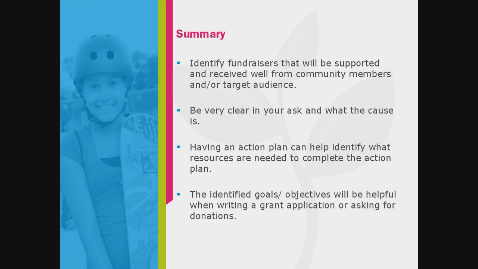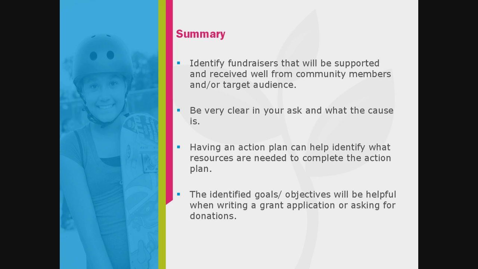Having an action plan can help identify what resources are needed to complete the action plan. The identified goals and objectives that you created within the action plan will be helpful when grant writing or when asking for donations. So really everything of that ties in and kind of helps complete the cycle.